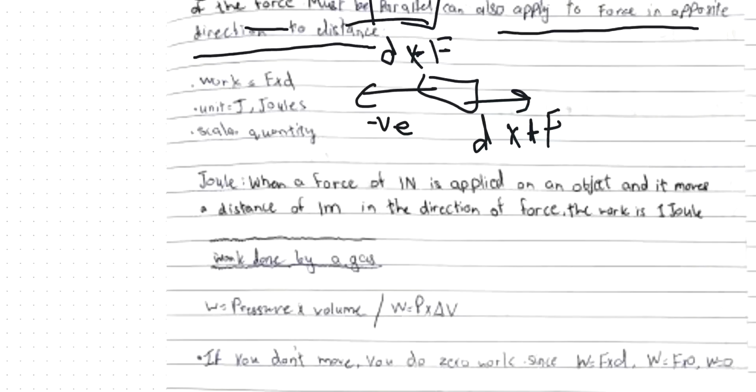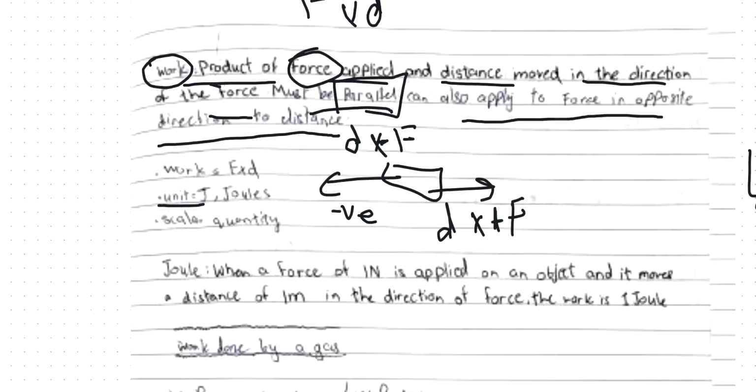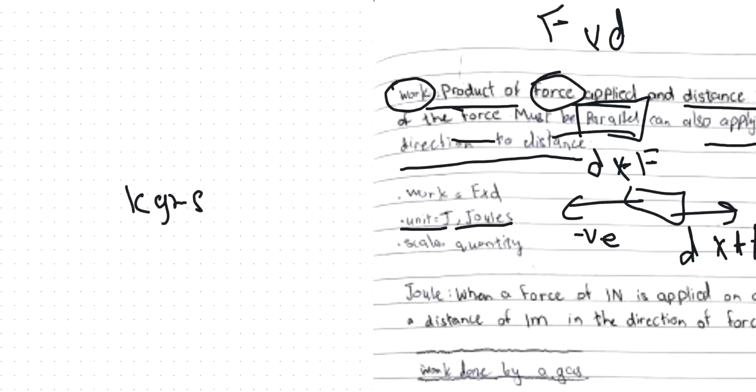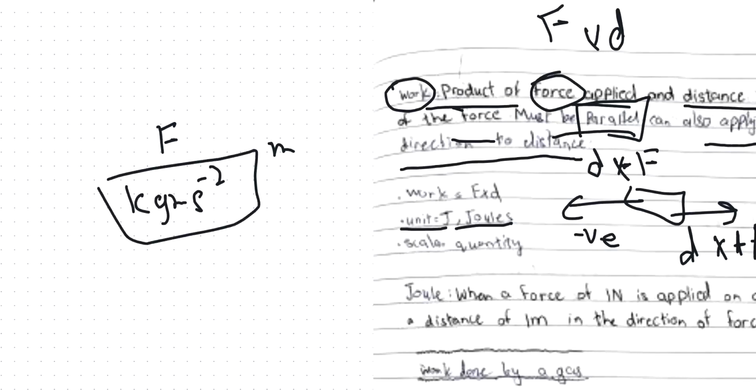So the unit for work done is joules, and remember, joules is kg m s negative 2 for force, and distance is m. So the SI base unit for work done is kg m2 s negative 2.